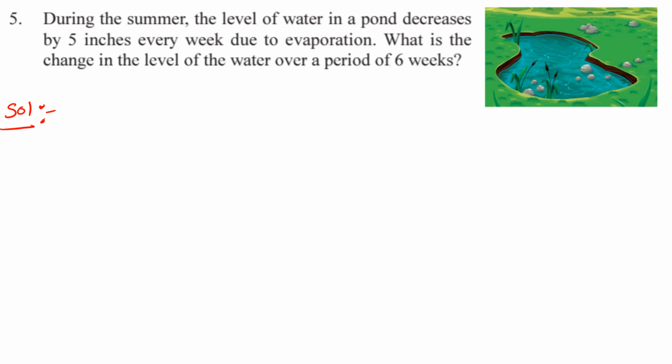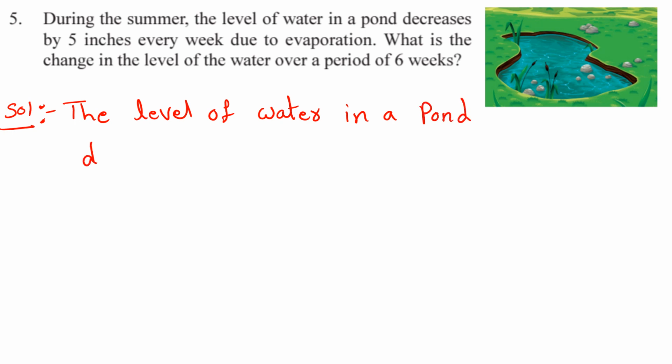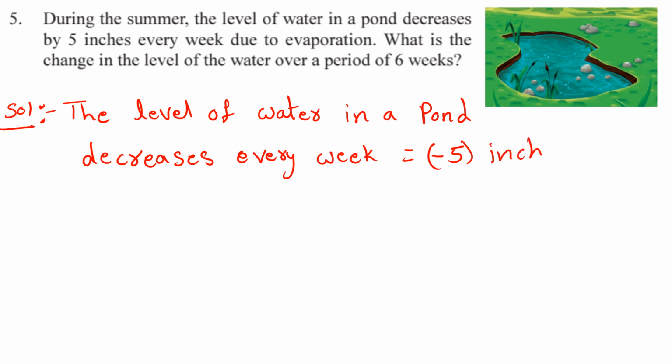So that is the solution here. The level of water in a pond decreases every week, that equals minus 5 inches. It is negative, that's why it is minus 5 inches.